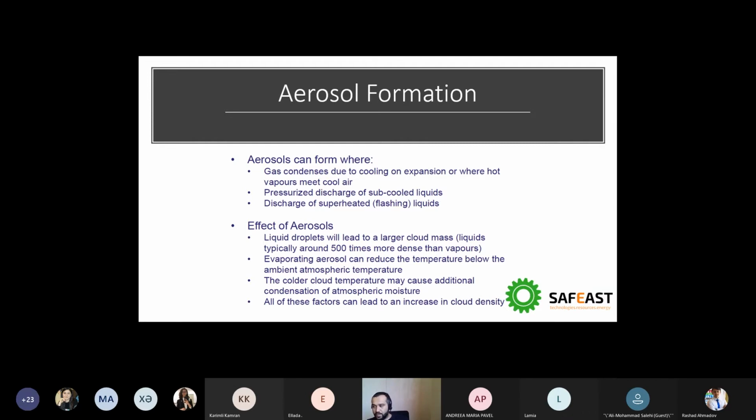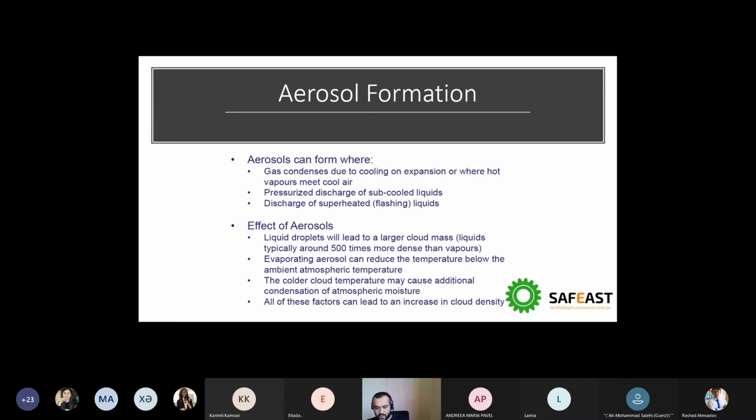Evaporating aerosol can reduce the temperature below the ambient temperature, below the temperature local to the release, which is another effect of the aerosols on consequence modeling. You can imagine that the colder cloud temperature may cause additional condensation, even of the atmospheric moisture.